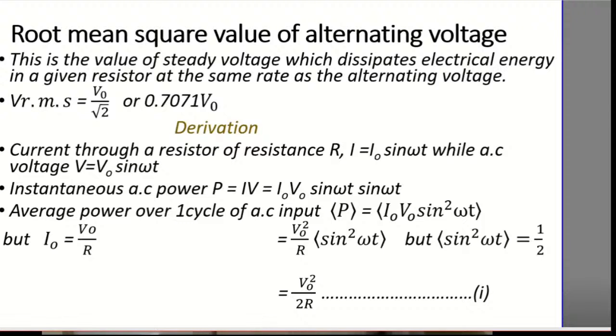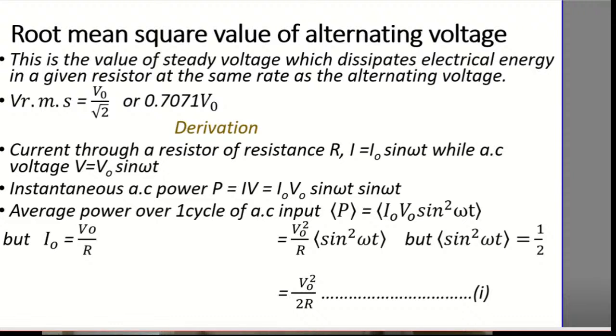And we simply define the root mean square value of alternating voltage as the value of steady voltage which dissipates electrical energy in a given resistor at the same rate as the alternating voltage. We are still emphasizing the word alternating there.